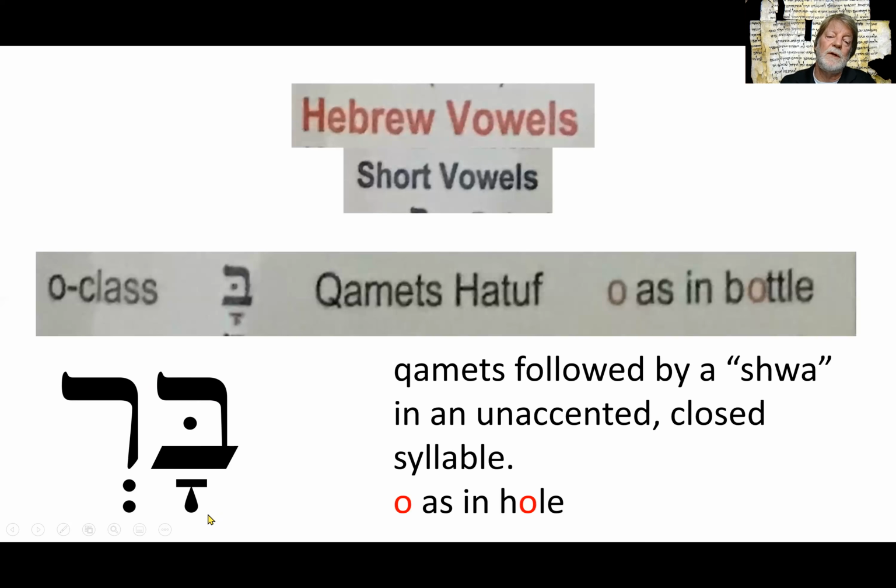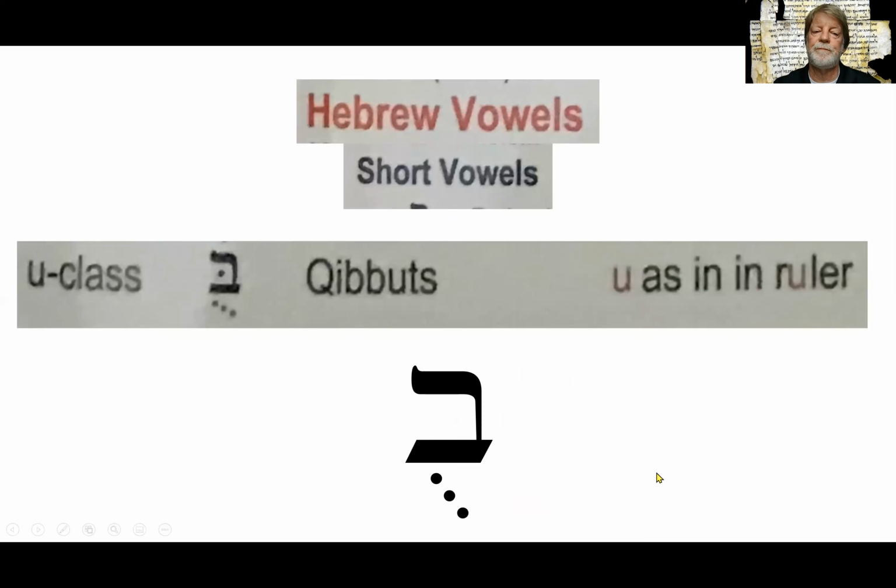So, we would be looking to see if there's a kametz followed by a shva. Now that's kind of complicated, and I don't expect you to remember it from just learning it on this screen, but we will learn it. We'll have plenty of examples of it when we start reading texts and pronouncing words. And I think it'll just become second nature to you.